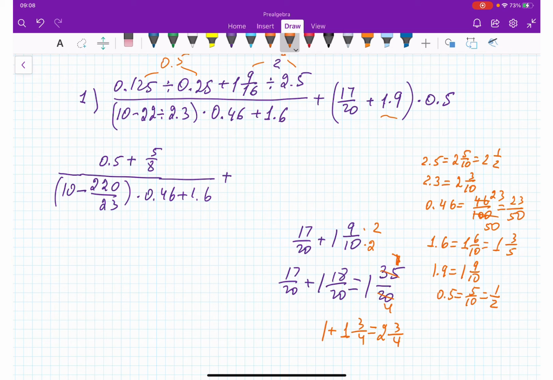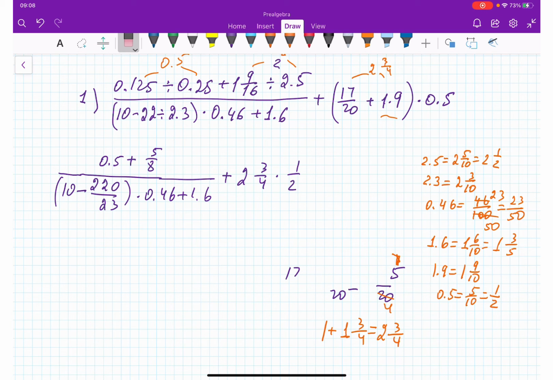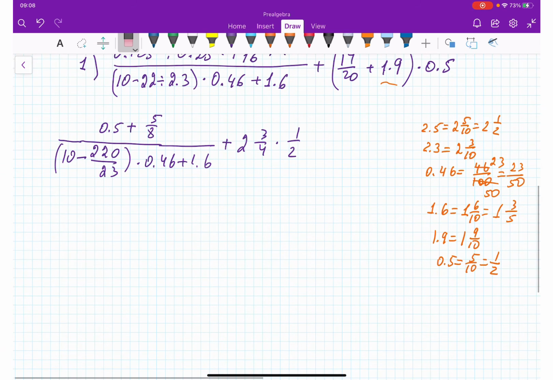So here we are getting plus 2 3/4 times 0.5, which is going to be 1 over 2. Let me put here, we are getting 2 3/4. Okay. Next. So 0.5 plus 5.8.